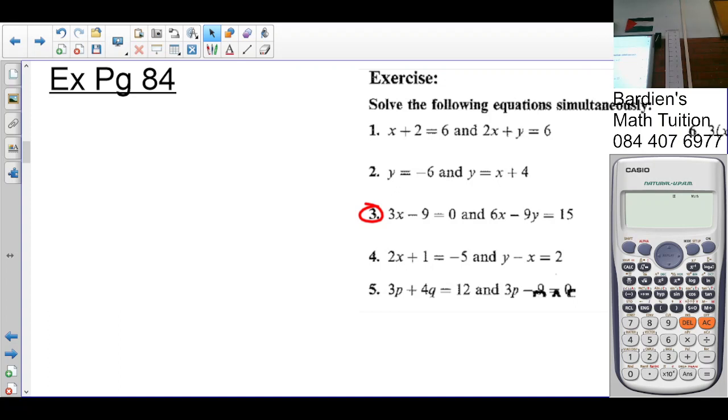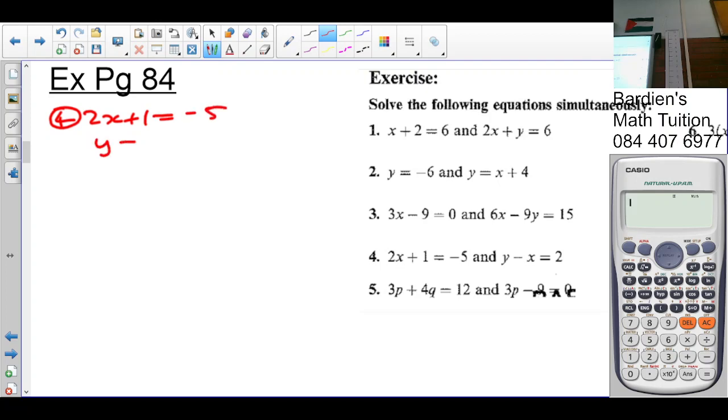Okay, so let's look at number 4. So you got 2x plus 1 equals negative 5. I said minus 1, you said minus 5. Minus 1, that's your mistake.